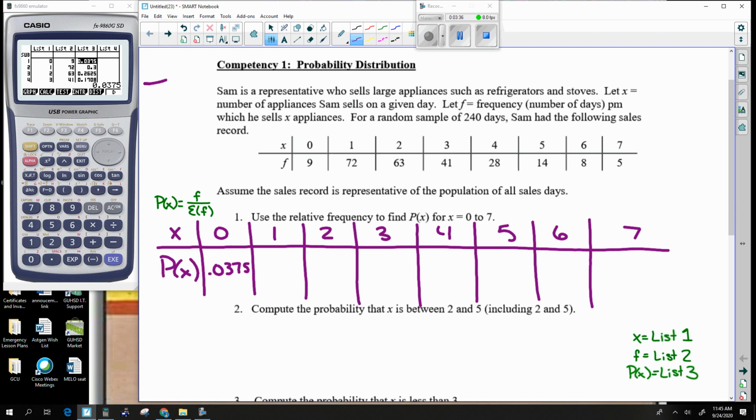Again, make sure you're looking at the bottom decimal, not the highlighted decimal. This is 0.3, 2625. These are nice numbers. Oh, there's one, 1708.